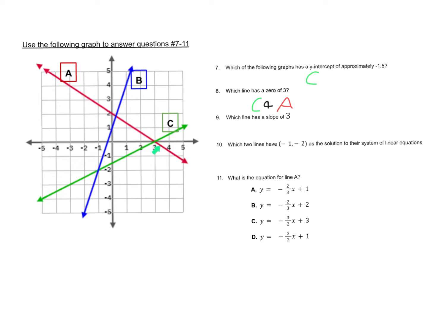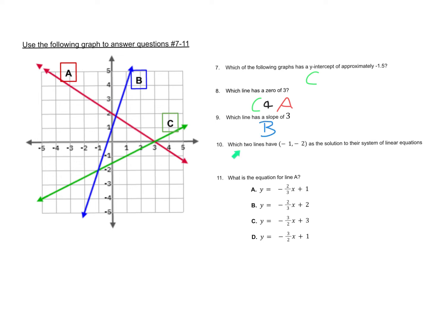So the green line has a slope of 1/2, okay? Notice the red line is negative, so it has a negative slope, so there's no sense in even considering that one, because question number 9 says which line has a slope of positive 3. So it must be the blue, and you can see here from the y-intercept at 1 and then the next point, we do go up 1, 2, 3 units and over 1. So it's the blue line B that has the slope of 3.